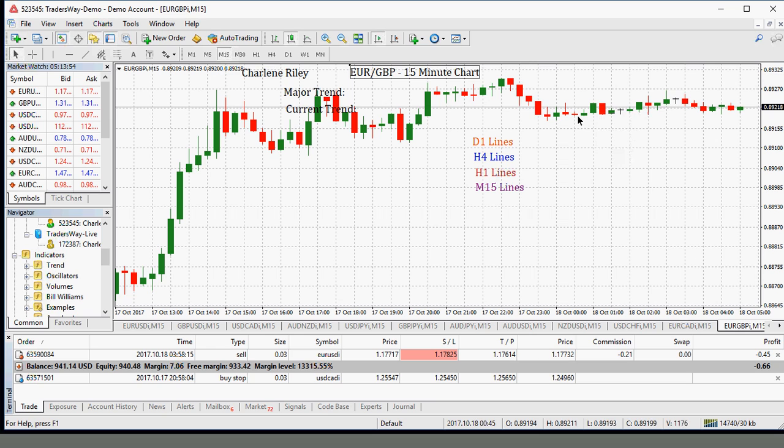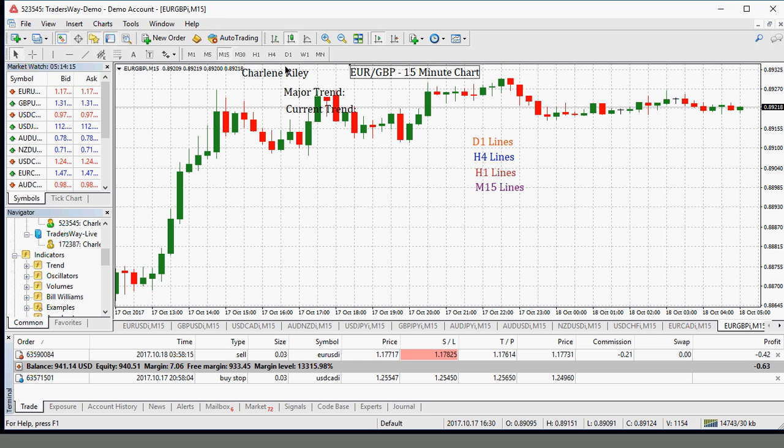So the major trend on the 15-minute chart is consolidation, and the current trend, the last 1, 2, 3, 4, 5, 6, 7, 8 candlesticks, is consolidation.